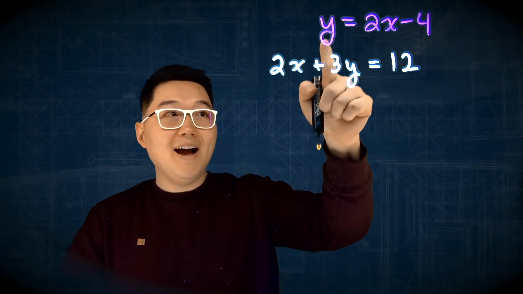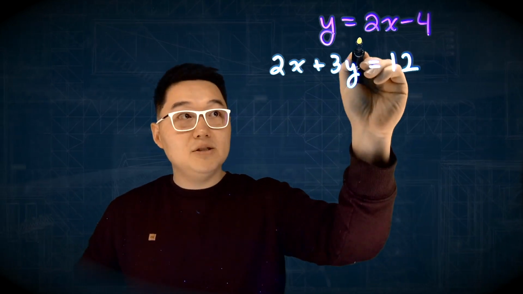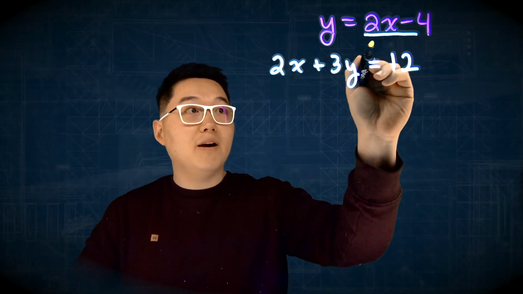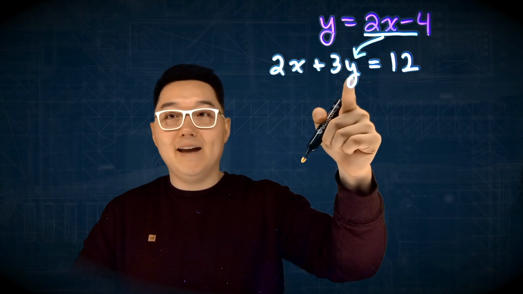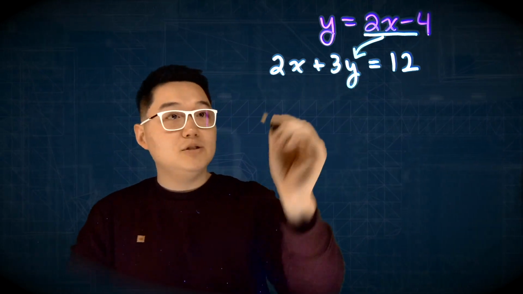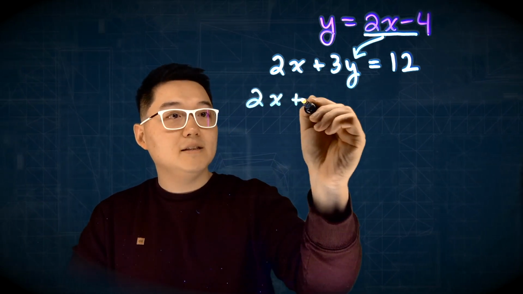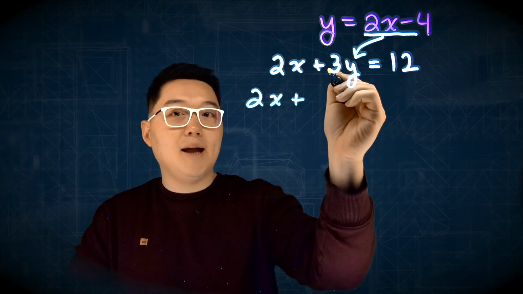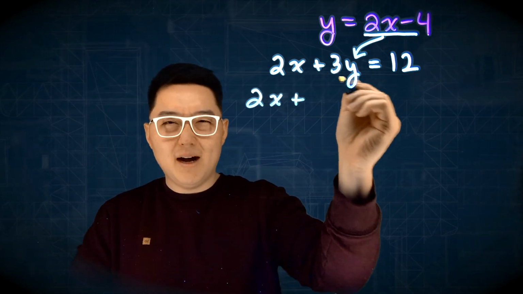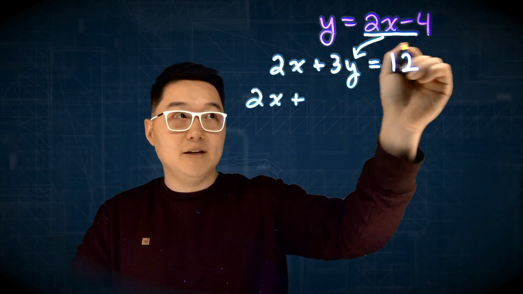Since y is equal to 2x minus 4, we can substitute 2x minus 4 for y, because that is what y is equal to. So 2x plus, and then this says 3 times y. But what is y equal to? y is equal to 2x minus 4.